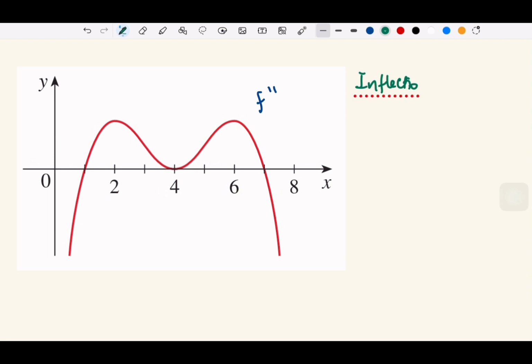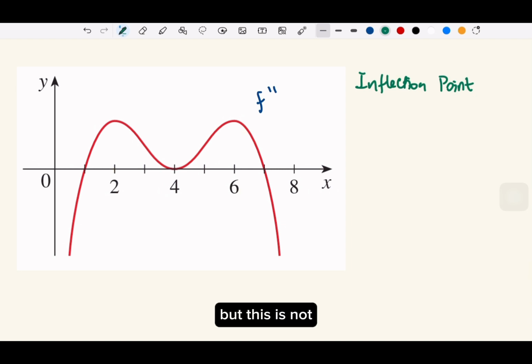Okay, which one? 5. The inflection point is where the curve changes from upward to downward.